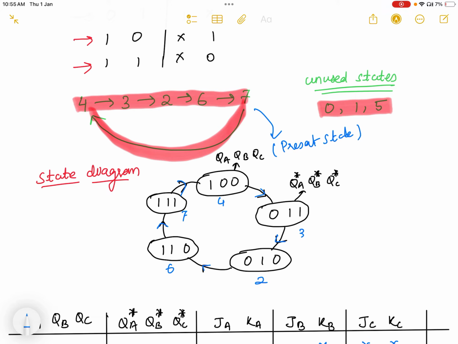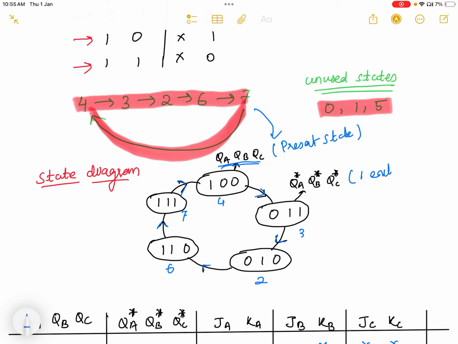Okay, so I'm using three flip-flops here. The three flip-flops are A, B, C and their outputs will be QA, QB, QC. If QA, QB, QC is the present state, then QA star, QB star and QC star is the next state.